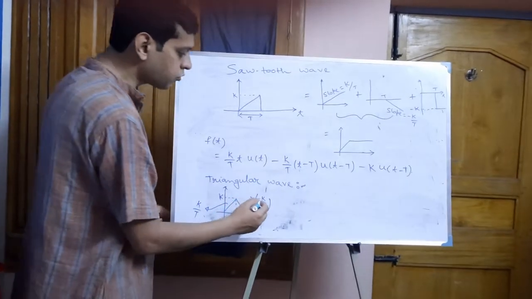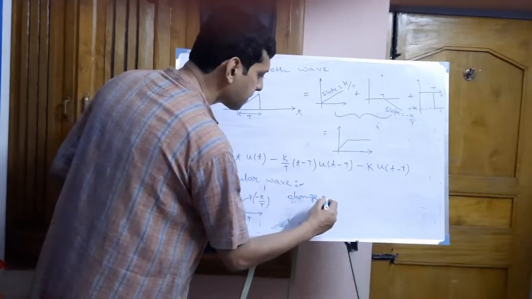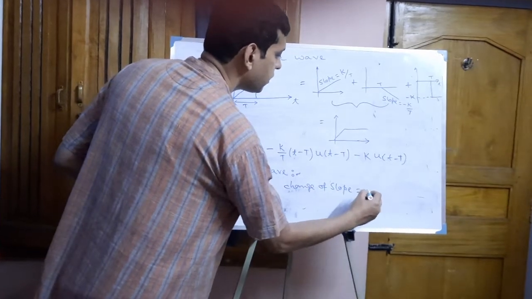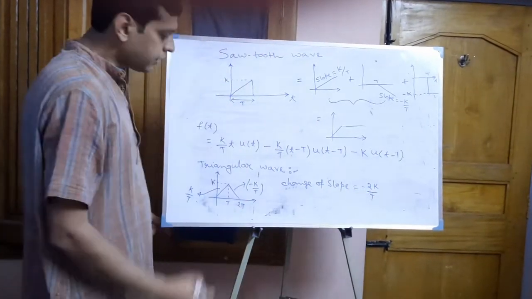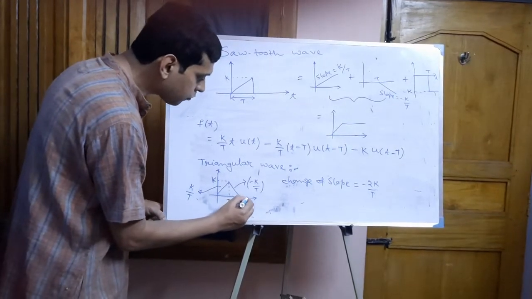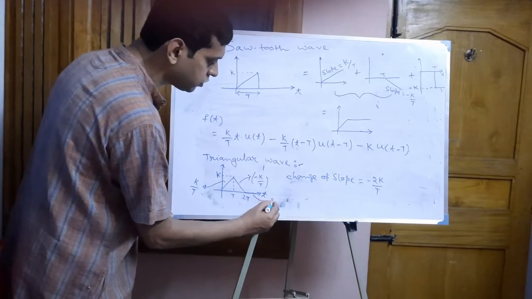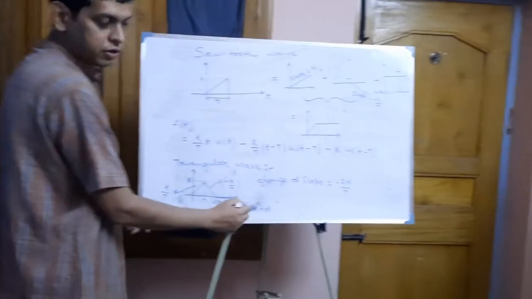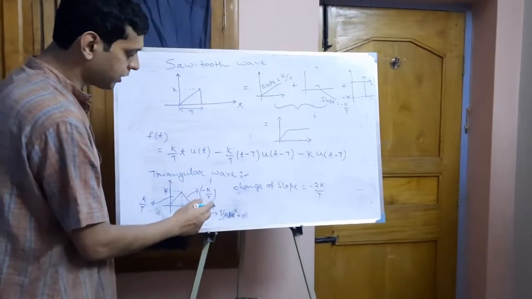The change of slope here is minus 2k by T, and there is another change of slope. Here the slope is equal to 0. So here the change of slope equal to k by T, only k by T.